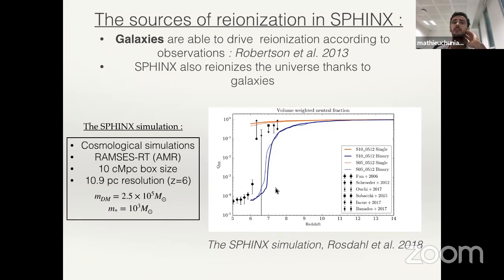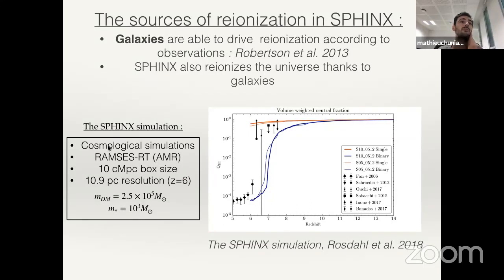And as you can see on the graph, our simulation reionized by redshift 6, and it matches pretty well the observations if we use the binary model for the star formation. So a few words about the SPHINX simulation. If you want a full description, you can find it in Rosdahl et al. 2018.